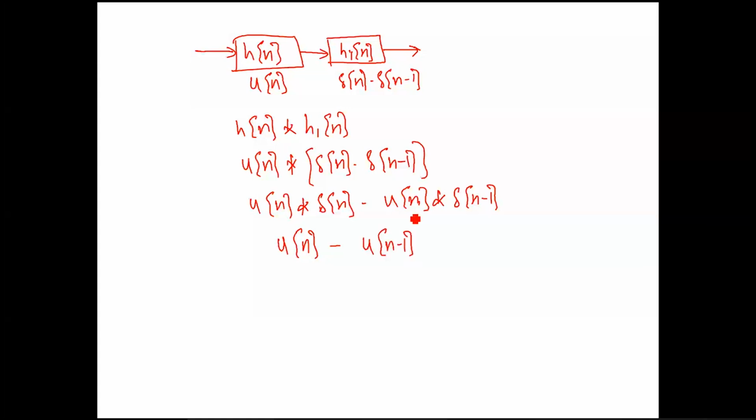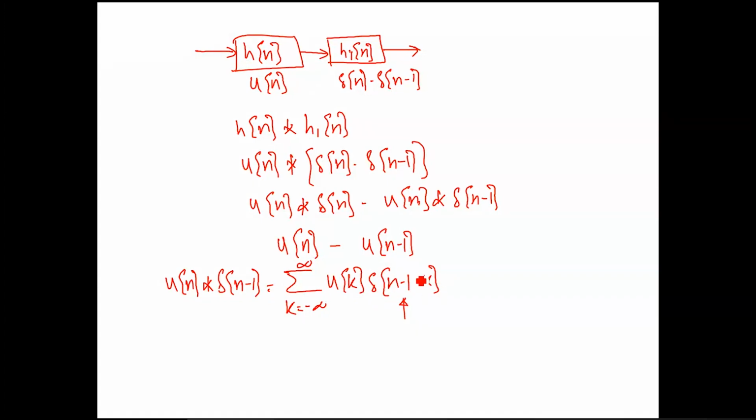We can check it also. So we can just see u of n convolved with delta n minus 1. If you forget this, you can just check it up. It is basically the sum over k equal to minus infinity to infinity of u of k times delta n minus 1 minus k. So we have an impulse right here, and all we need to do is see where this impulse is.